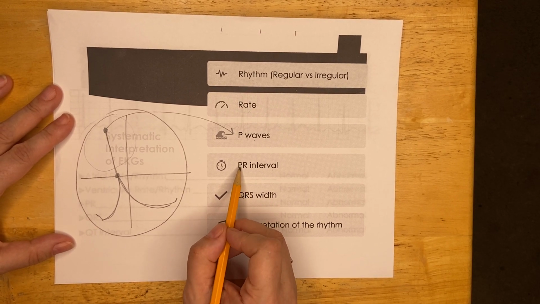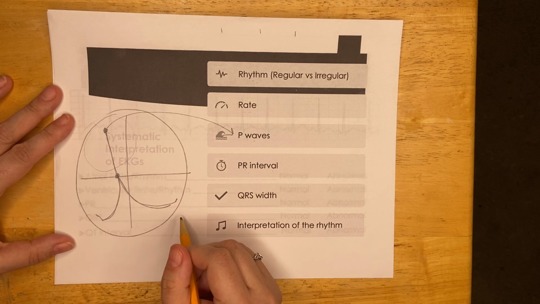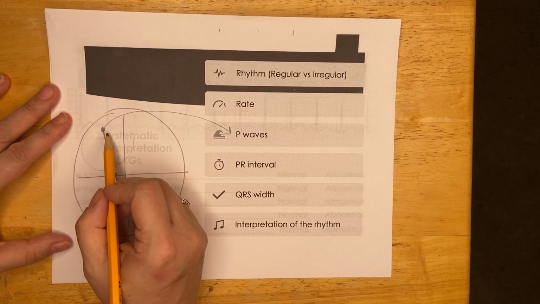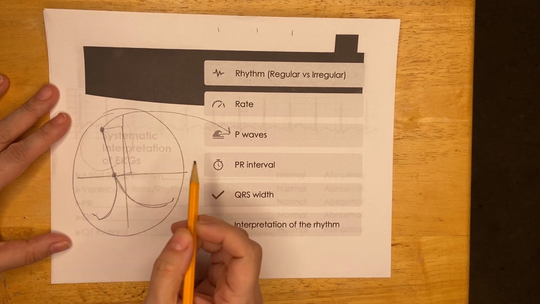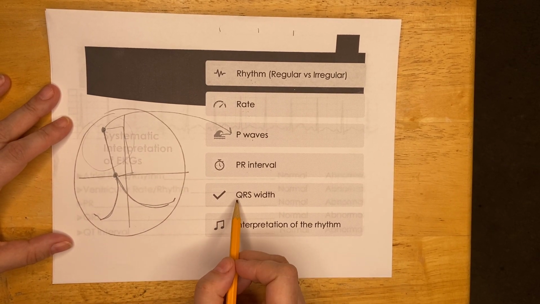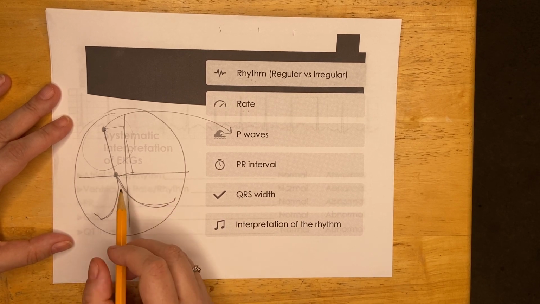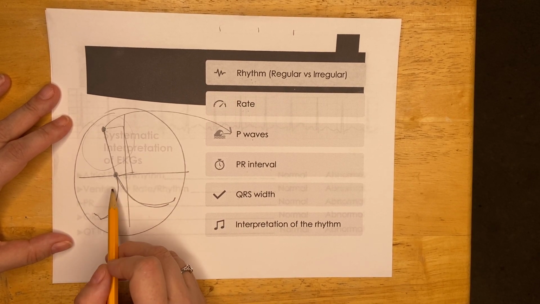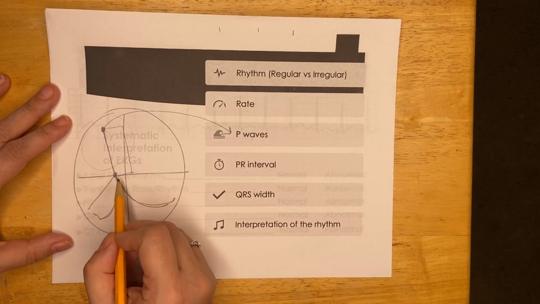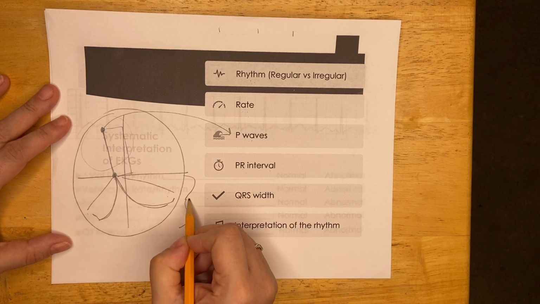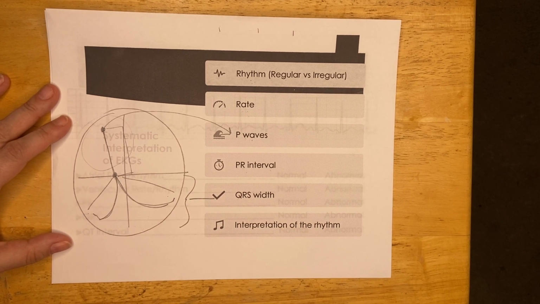When we measure the P to R interval, we're trying to see the distance between here and here. Well, why do I care about that? The QRS is the measurement of how long it takes to get from here all the way out to here. So the QRS is measuring this ventricular part, okay?